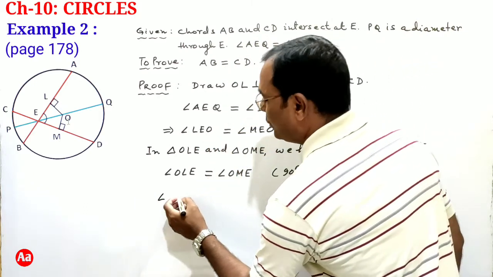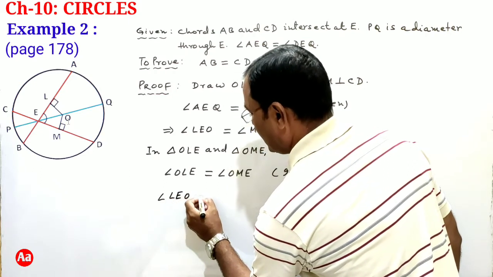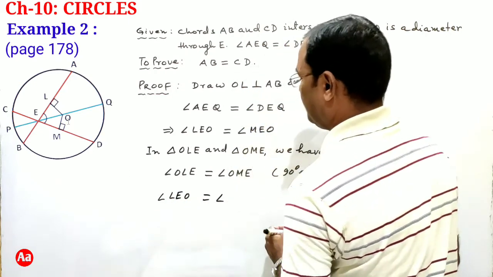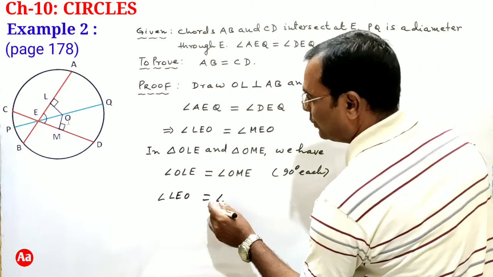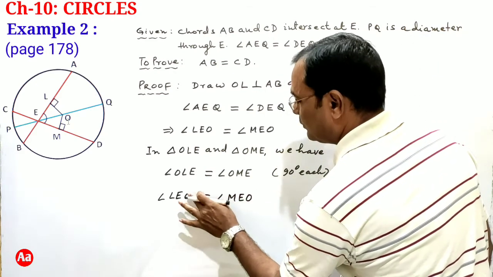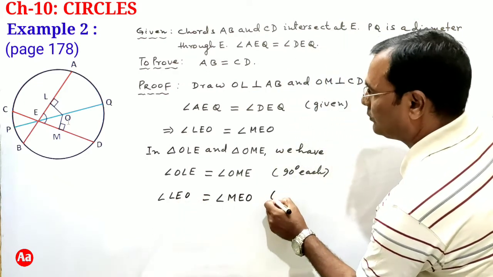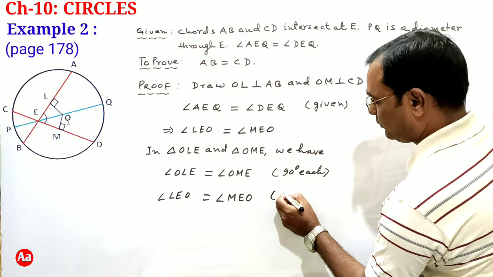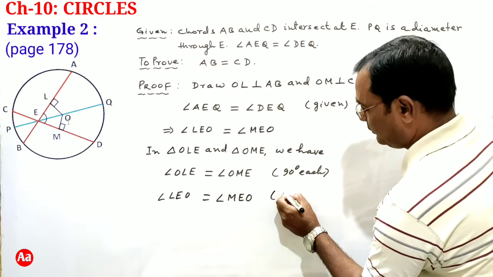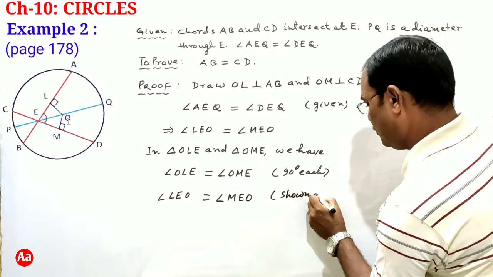Angle LEO is equal to angle MEO, shown above.